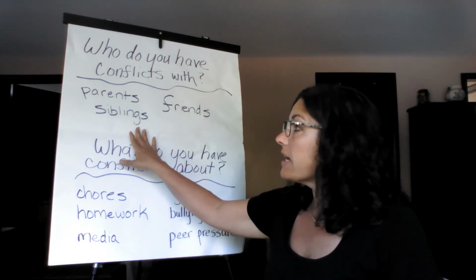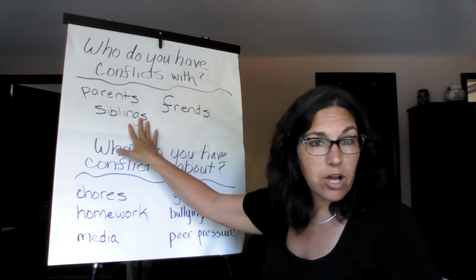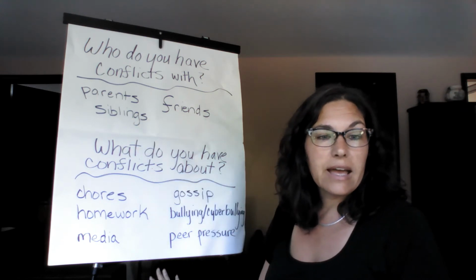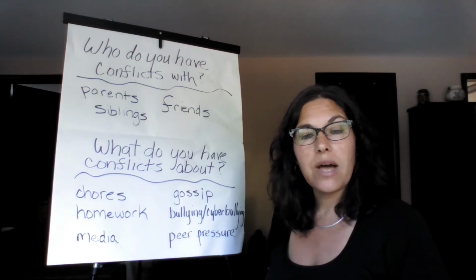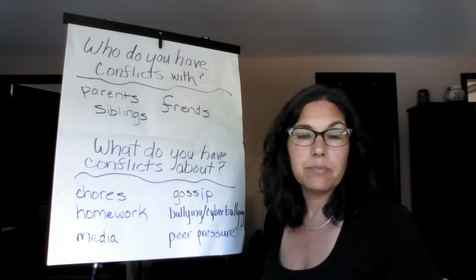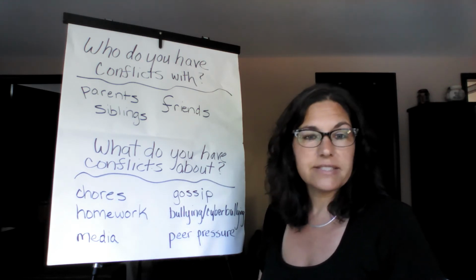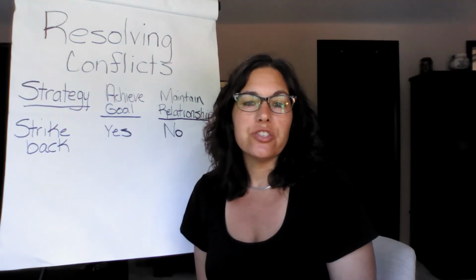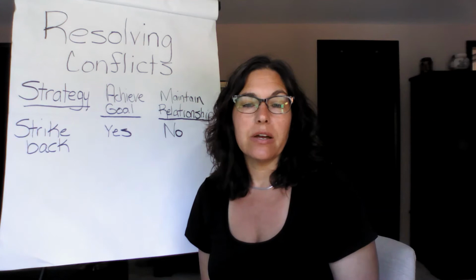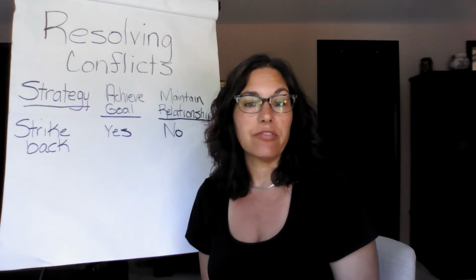So these are, again, people that we often have conflicts with, and reasons that we often have conflicts with people. So now let's go ahead and talk about ways that people deal with conflicts. So we're going to talk about different strategies or actions that people take when they are in a conflict with someone else.